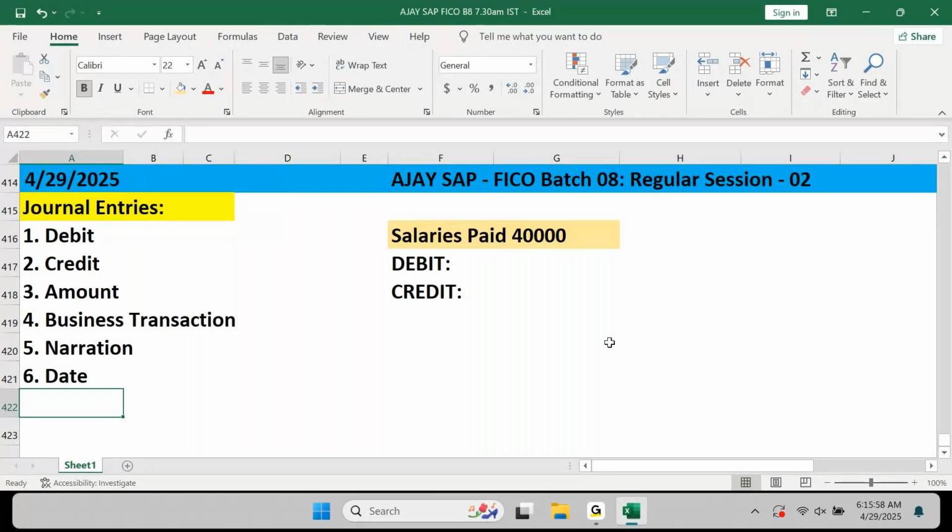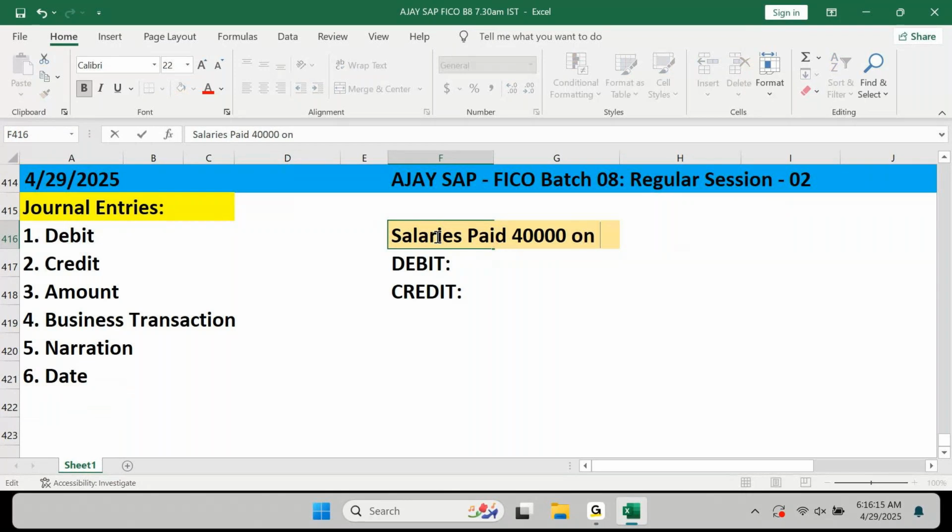Is that right? Yes, sir. If date is not there, we do not know on which date we have to put it and where I have to submit the report. Okay, salary paid 40,000. Let's say on 29th April 2025. Is this okay now?